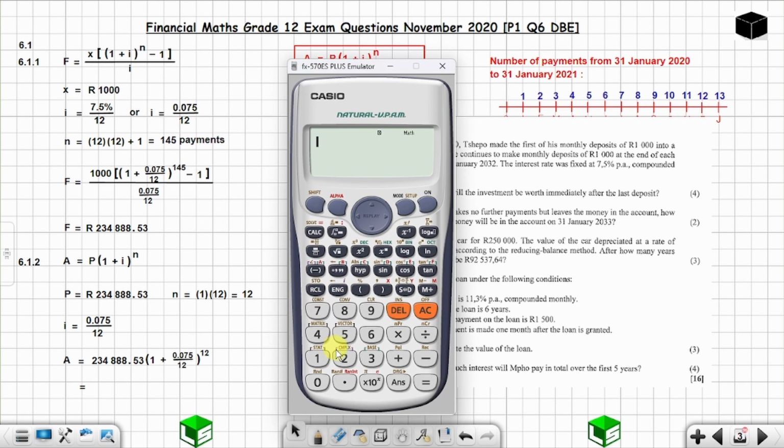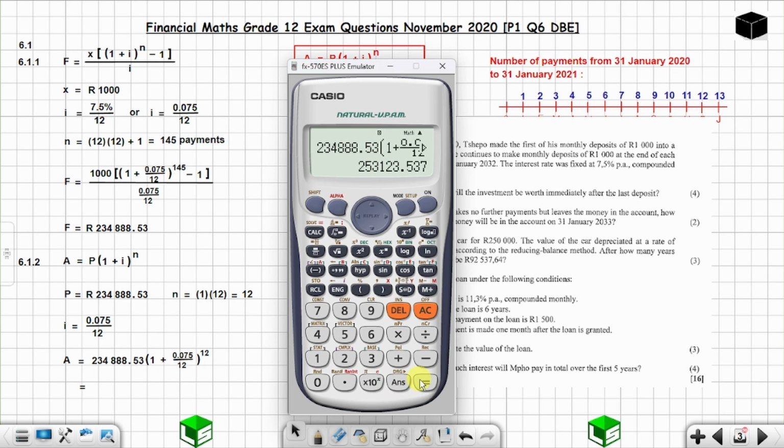So you have this 234,888.53. In bracket, you have 1 plus 0.075 over 12, to the power of 12.